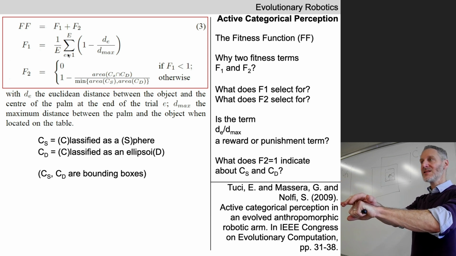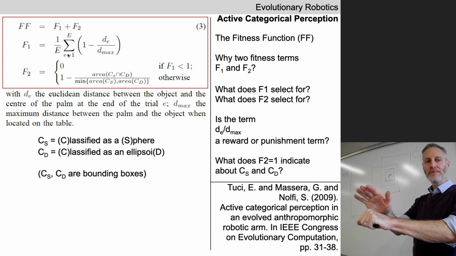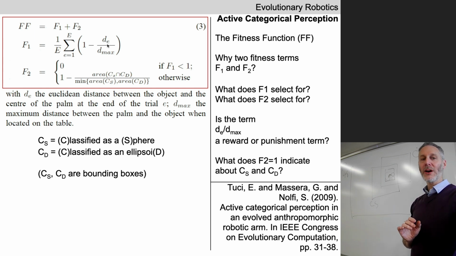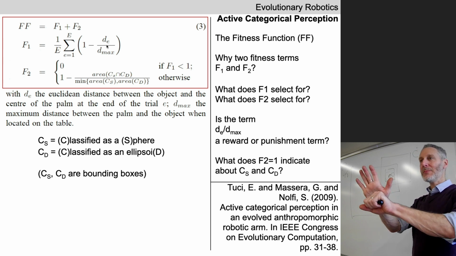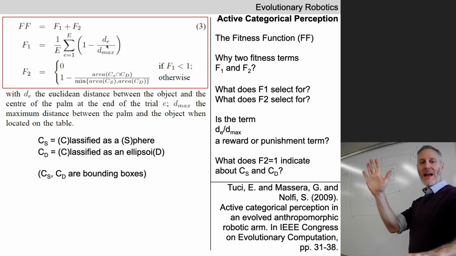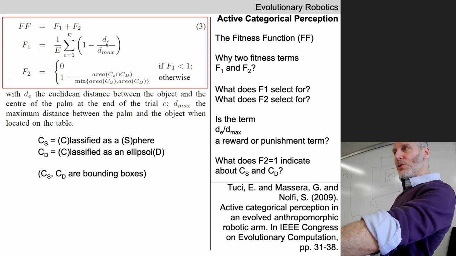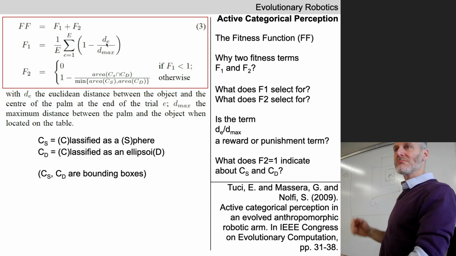Uppercase E is 16. We're evaluating each CTRNN 16 times. Yeah? Okay, so let's work our way from the inside out. What is this ratio? D sub E, distance of the robot's palm from the object at the end of trial or at the end of evaluation E, and D sub max is the maximum possible distance the palm can be from the object.